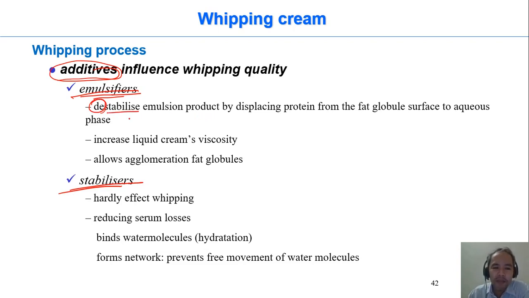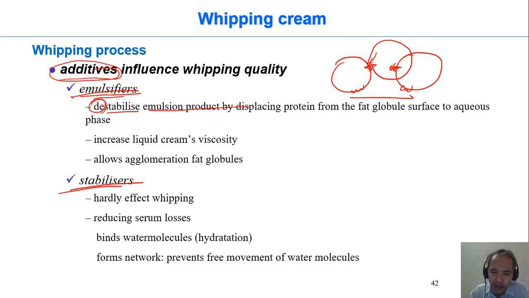To destabilize the emulsion partially. If you have a fat globule like this, the emulsifier will come into a certain part of the membrane, and this part becomes sensitive. When we do whipping, this part actually gets broken and linked together like that.